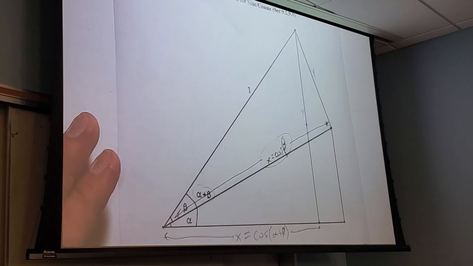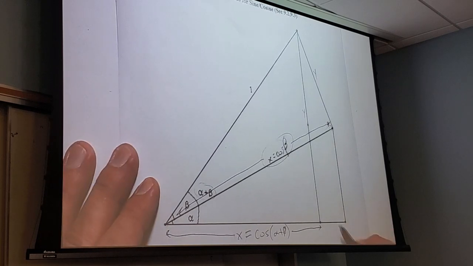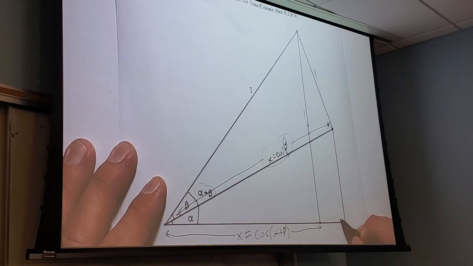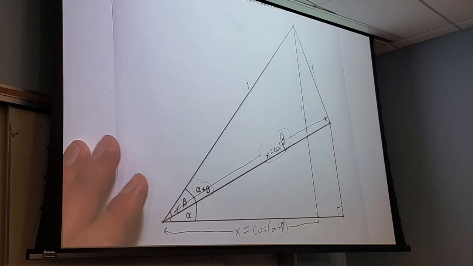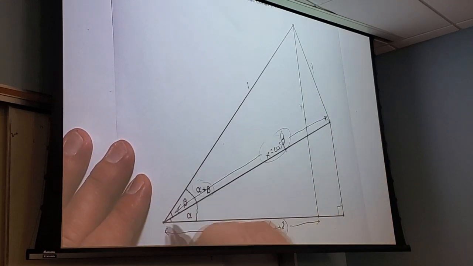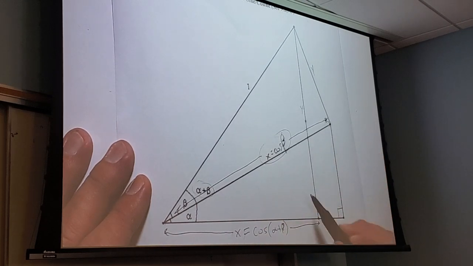Okay. All right, this is going to get a little bit trippier. Let's look at this bottom right triangle here. This will be interesting. This big one right here, this bottom one. What angle does it have in it?